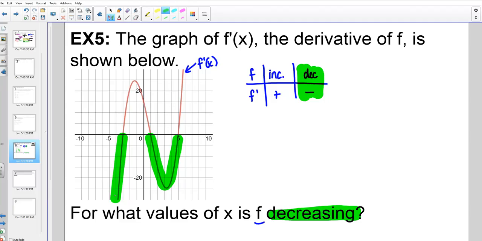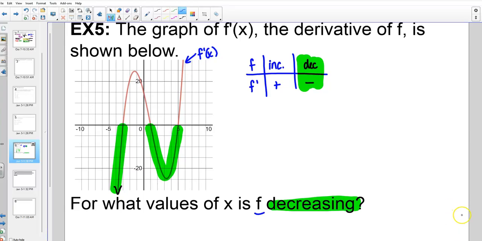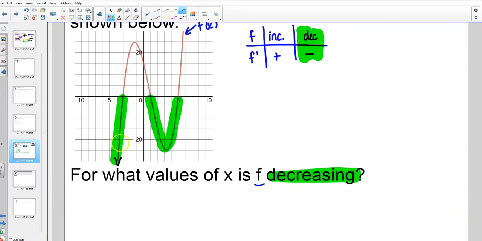You want to give the x-coordinates of that, the domain of that. So this would have an arrow that goes on this end. So this piece right here, the x-coordinates would be negative infinity to the x-coordinate right here, which is negative 3.